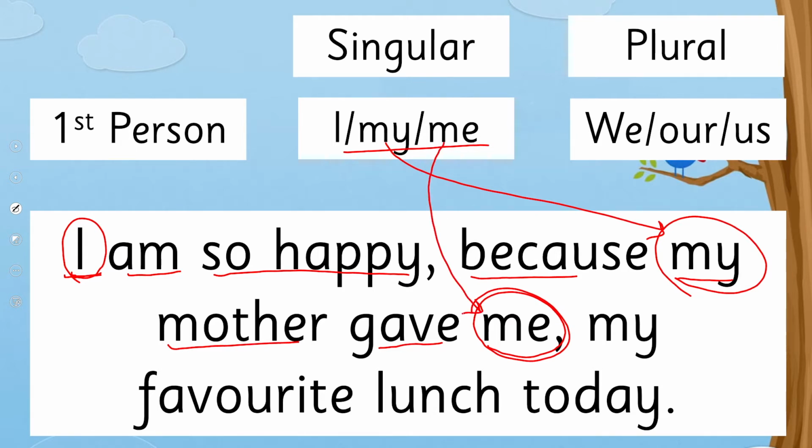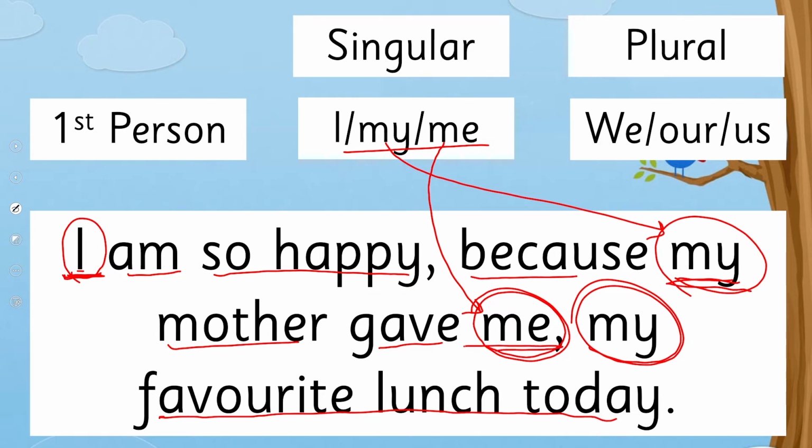So I was the one who received. So my mother gave me my favorite lunch today. Okay, so this is how instead of a noun we use these pronouns. You see, I'm so happy because my mother gave me.